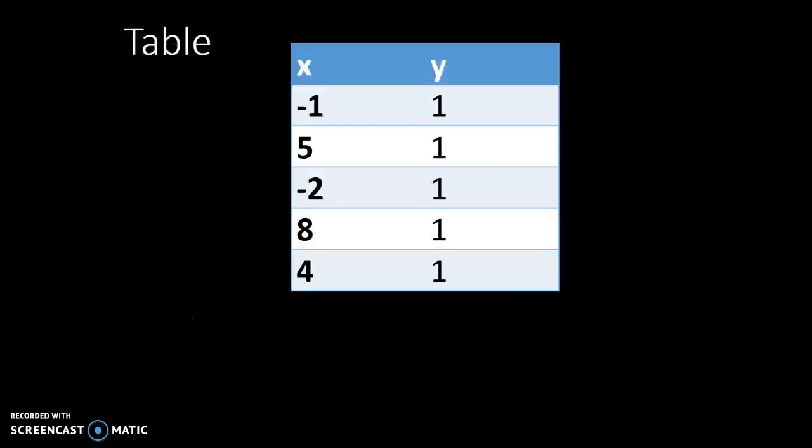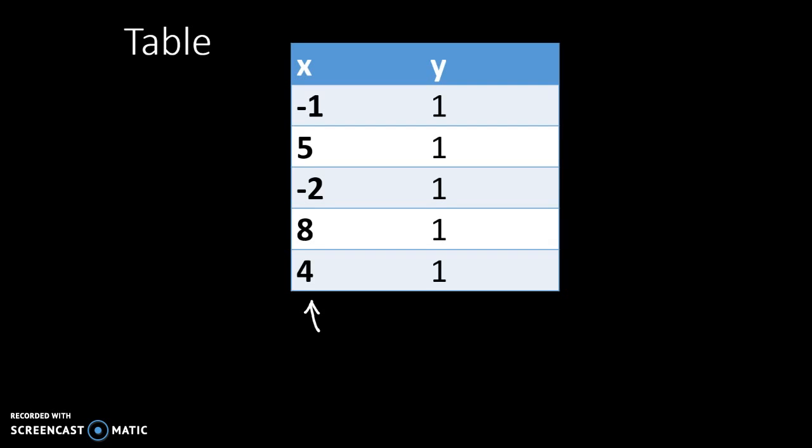Okay. The third way of thinking about functions is as a table. So in a table of values, the input is going to be the first column and the output would be the second column. One thing that I think when I look at a table is if I tell you the x-coordinate, you should be able to tell me the y-coordinate.